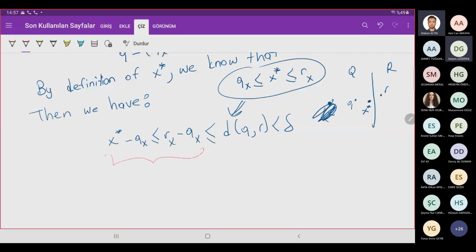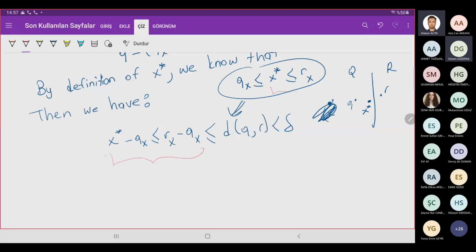If I subtract Qx from both of them, then X star minus Qx is obviously less than or equal to Rx minus Qx. Does everybody agree? I assume yes. If you don't understand this, you won't understand the rest. So please ask if you don't agree. It just follows from here.